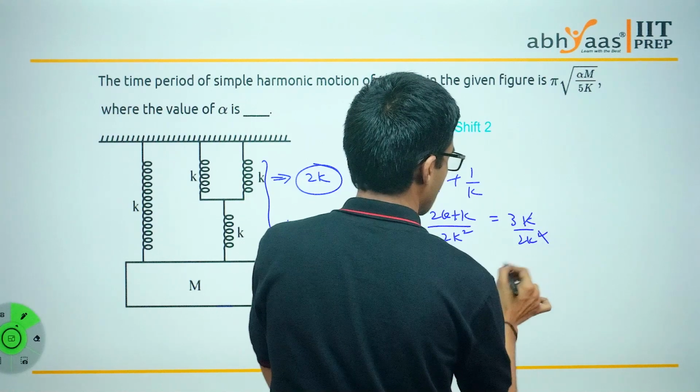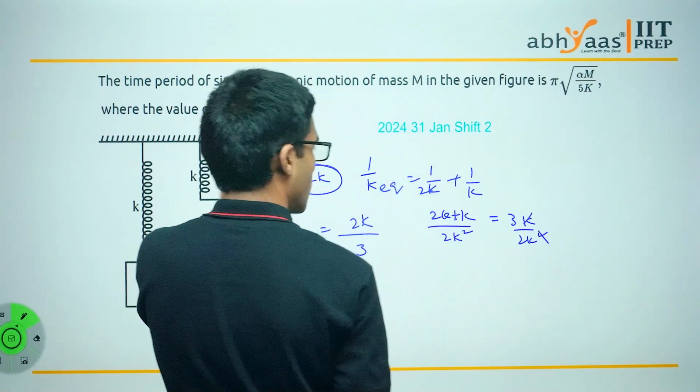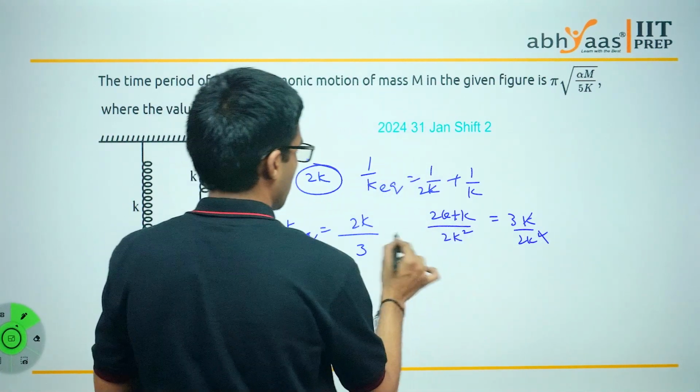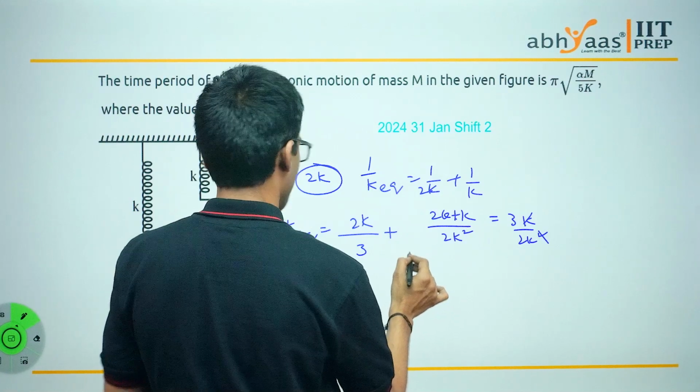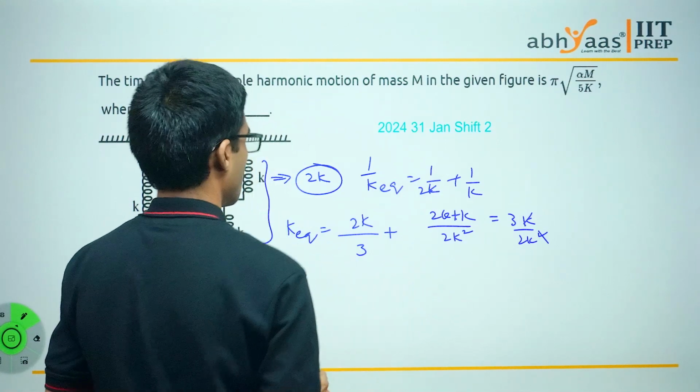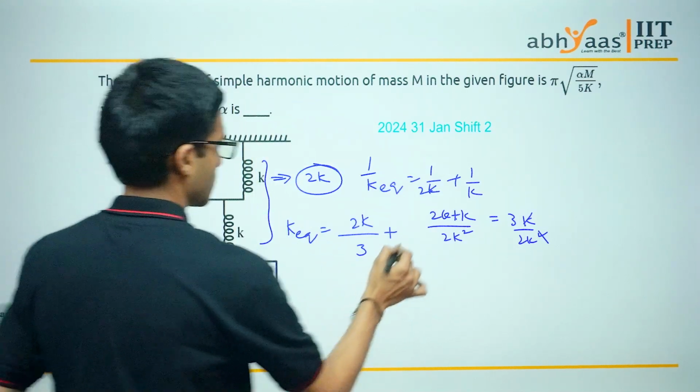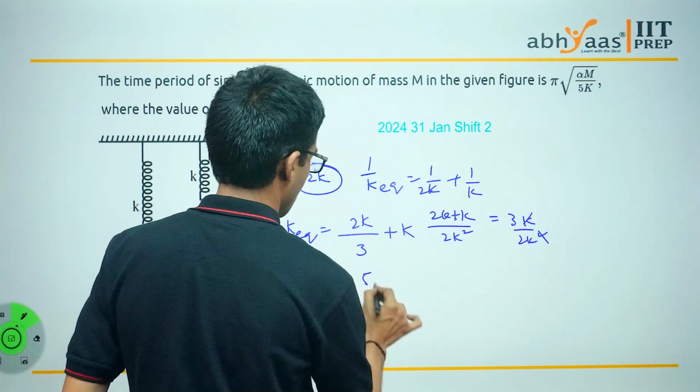K gets cancelled, so 3 by 2k. Reverse, you get 2k by 3. Plus k, that means 5k by 3.